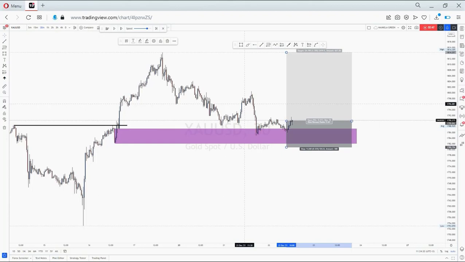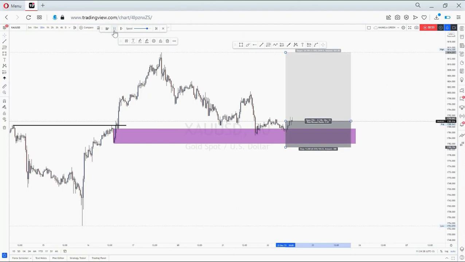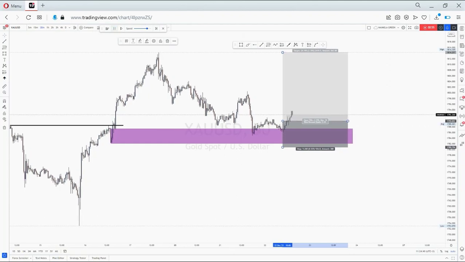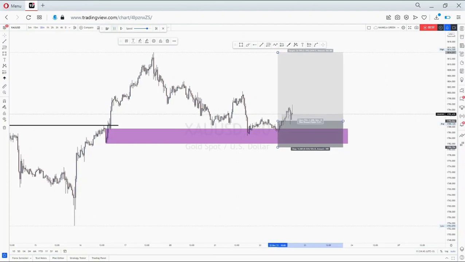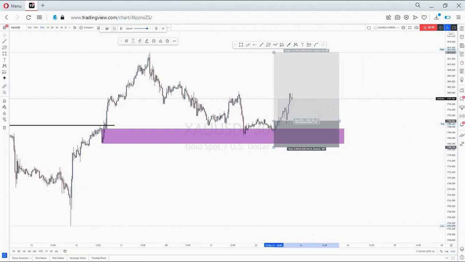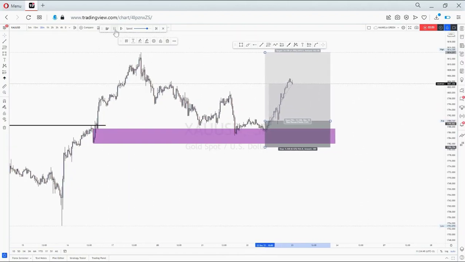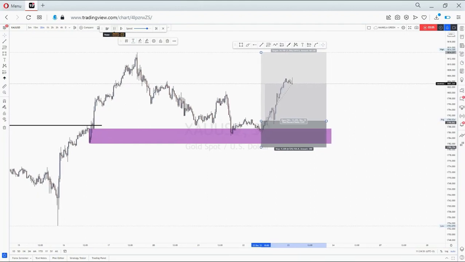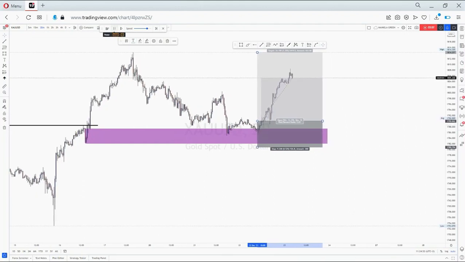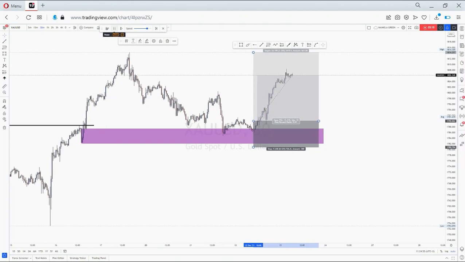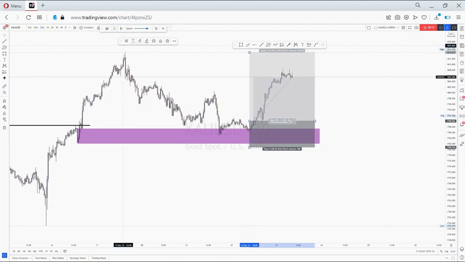You will know what to do or what not to do when you're trading the real market. Understand? So let's play this here. Let's see if they will reach our TP, which is the previous high.